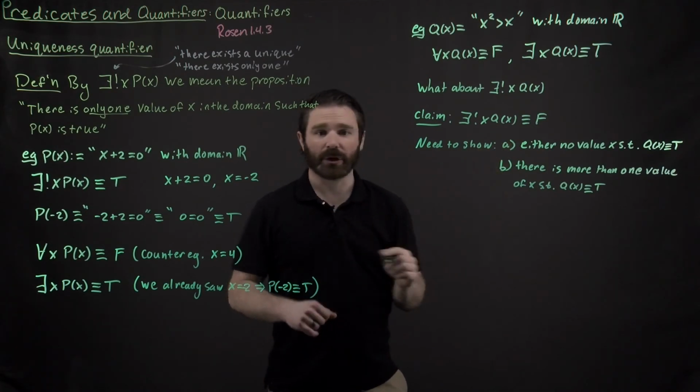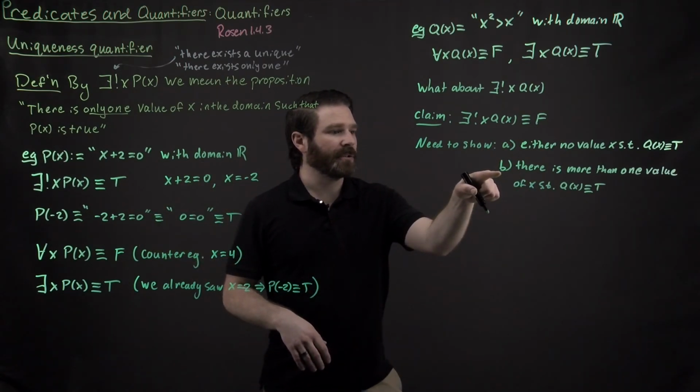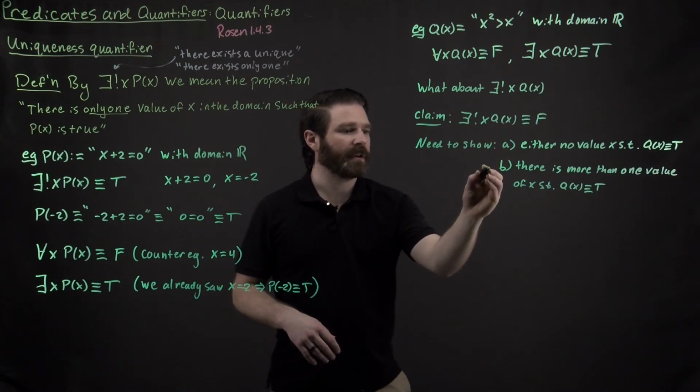So I could either show that there are none or there's more than one. And in this case, I can use b right here to show that this thing is false.